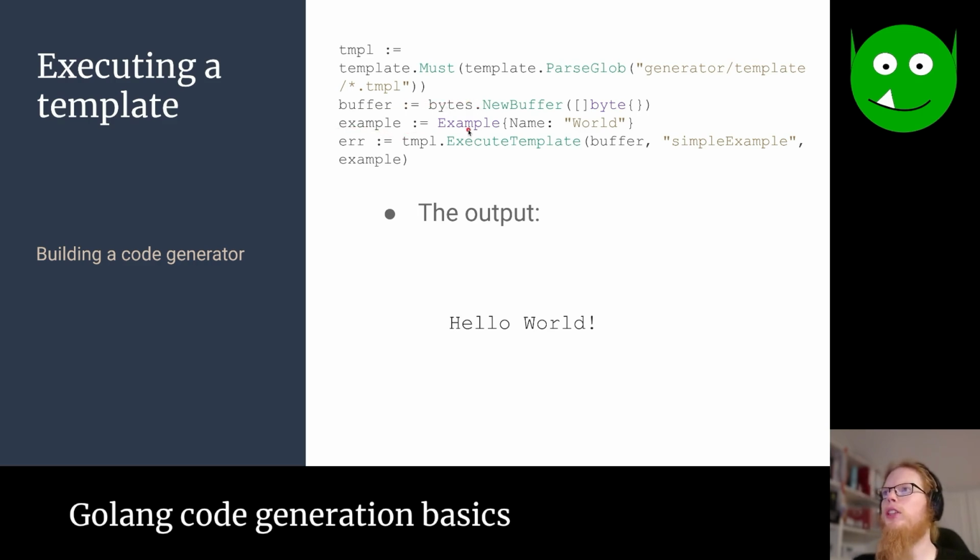Then we instantiate our data object, which in this case is the aforementioned Example with world as the name. And finally, template.ExecuteTemplate is called, and it's given the buffer to write to, the name of the template to generate, which is simple example, and the data to put into the template, which is this example here. And then you will get the output hello world when you run this.